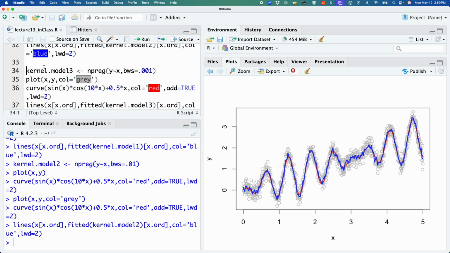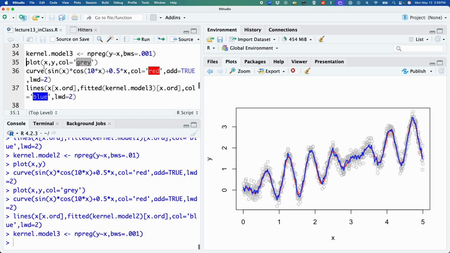Really what's happening is as the bandwidth gets smaller and smaller, it starts to favor the points that are within that narrow band, and it will start to try and essentially connect the dots. You can see that even more clearly.